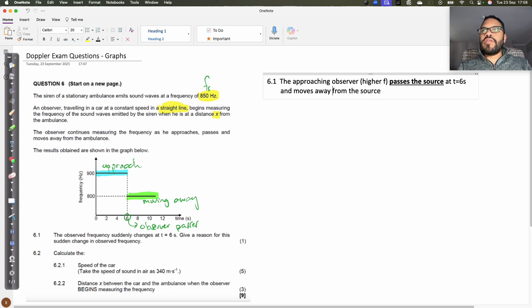Okay, how do we know they're moving away? This is where we have the lower f. And I'm going to put that also there in bold and underline. So that's our solution to 6.1.